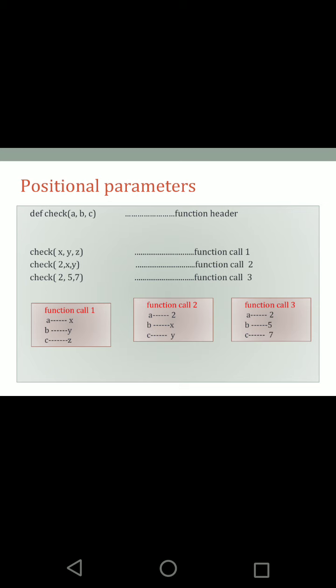So x will be assigned to A, y to B, and z to C. Next, when the function call is check(2, x, y), the first value, 2, will be assigned to A, x to B, and y to C. Similarly, for check(2, 5, 7), the first value 2 is assigned to the first parameter A, then 5 to B, and 7 to C.